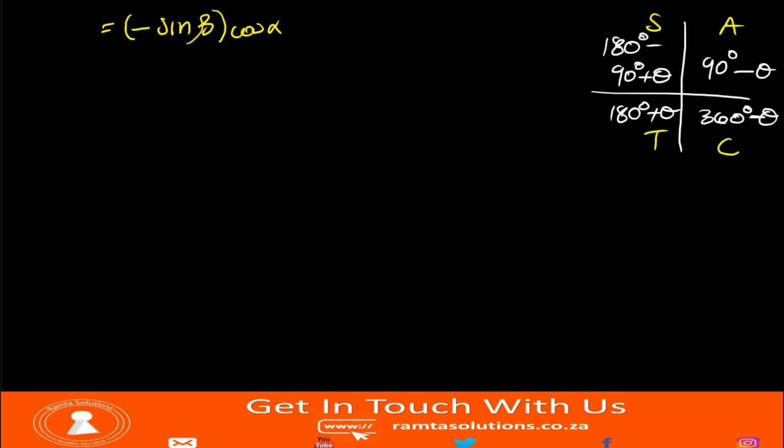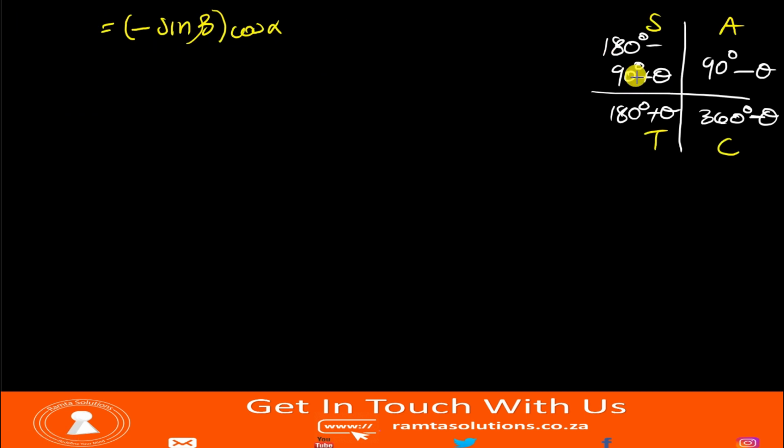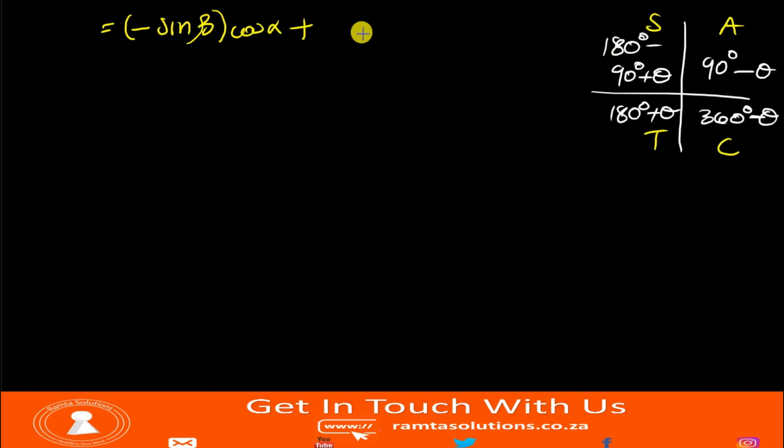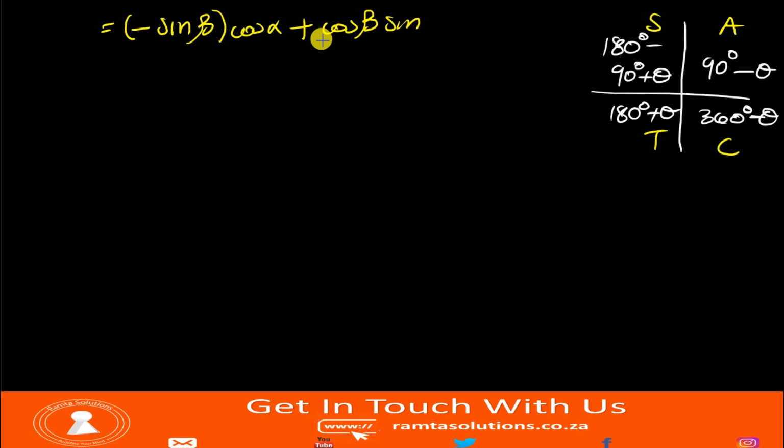Sine in the 90 plus, where's the 90 plus? It's the second quadrant. It's positive. But because it's 90 degrees, sine must change to cosine. So it'll be cos beta. And of course, we're left with sine alpha. So it'll be like this.